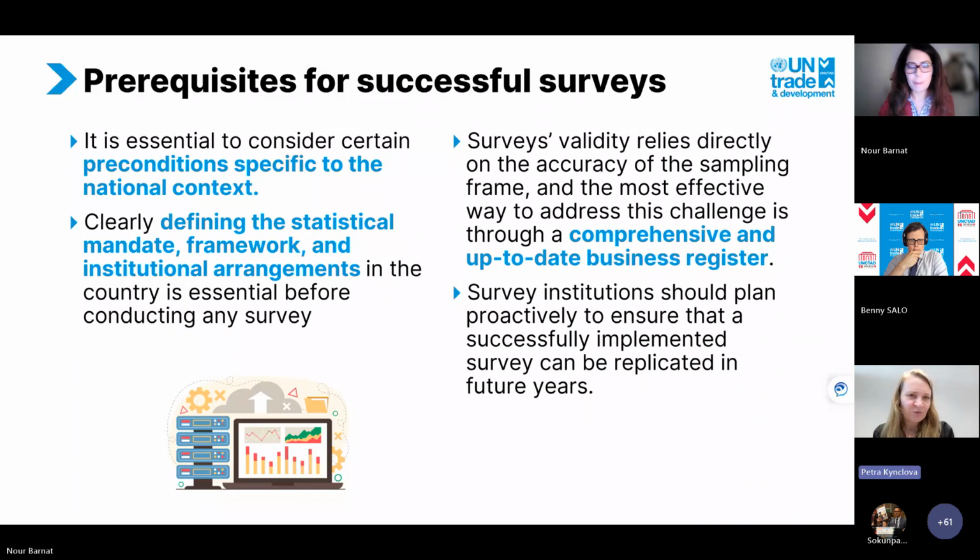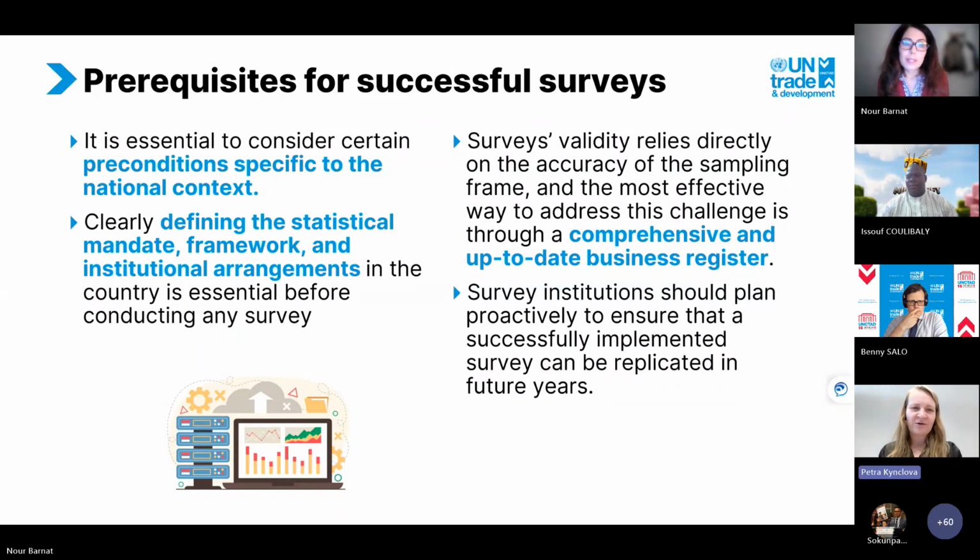Okay, thank you. So we are talking here about a technical solution, a software called TiSSTAT, and this is a solution for data collection. But we would like to highlight here a few slides that are also important to consider, because to successfully conduct a survey, it's also important to think before the implementation about other aspects.